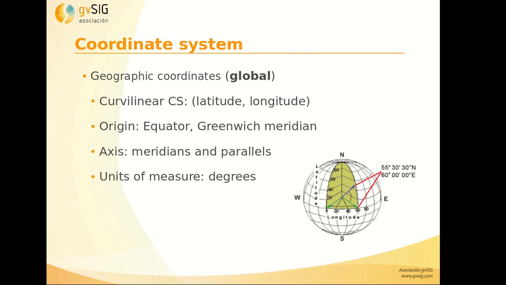The global one, the geographic coordinate system, manages the latitude and longitude coordinates. The origin is the equator and the Greenwich meridian. The units of measure are degrees.